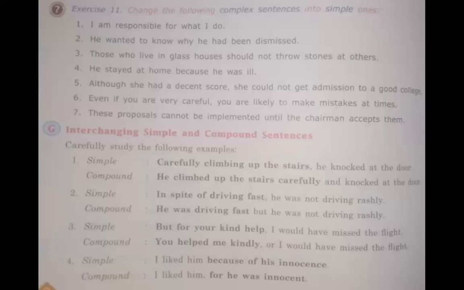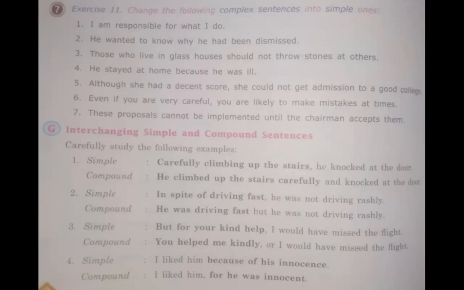Both the independent clauses will be joined by a coordinating conjunction. And what are the coordinating conjunctions? For, and, nor, yet, so. These are coordinating conjunctions. We have already discussed these in the classes.